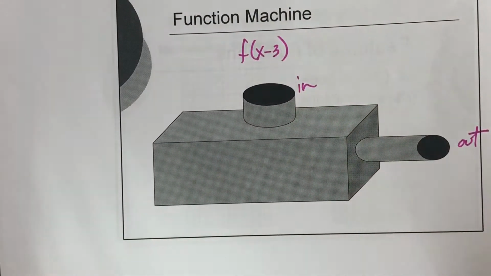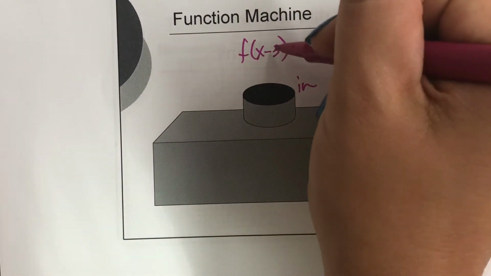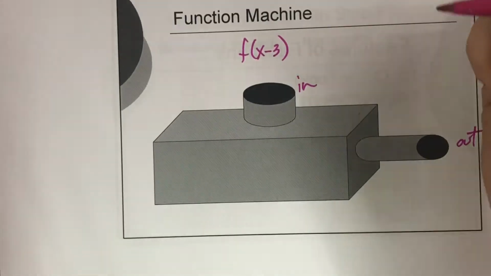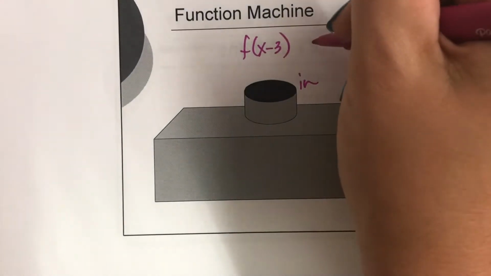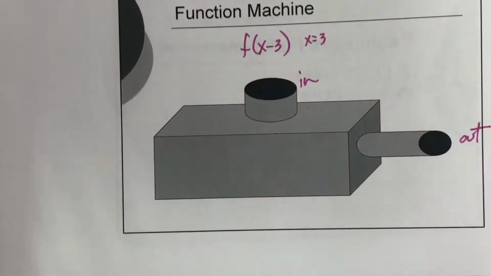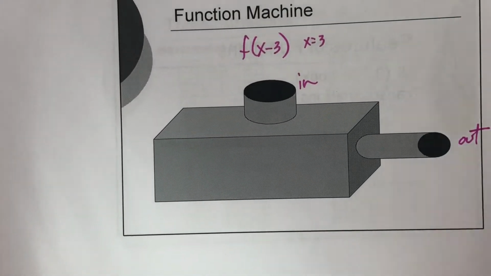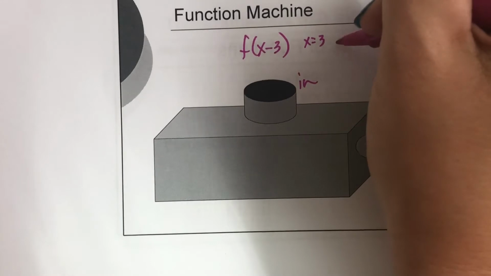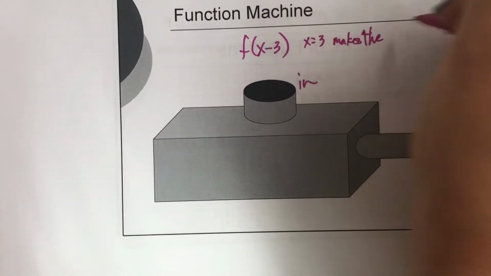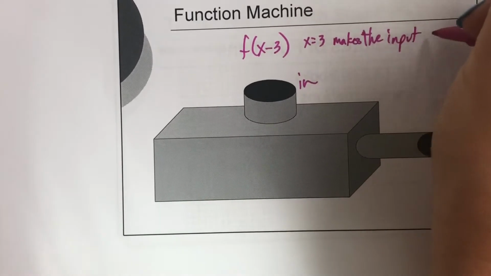So for example, x minus 3: if x equals 3, that makes the input 0.